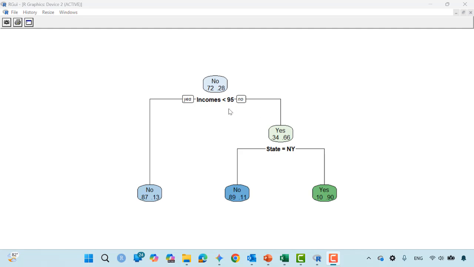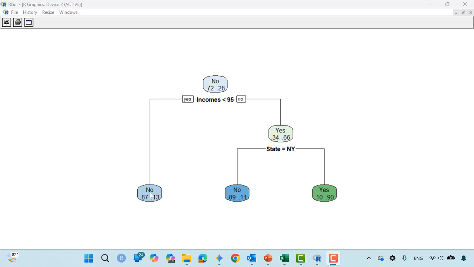Let's classify this customer according to the tree. He's only making 50K. Obviously, he's making less than 95K a year, right? So according to this small yes, he should be classified into the left side of the tree. And as you can see, on the left side, we only have one light blue leaf node. He goes directly to the node on the left.